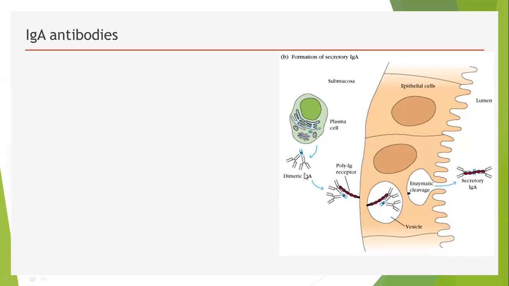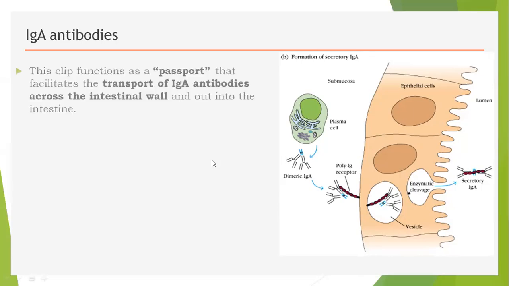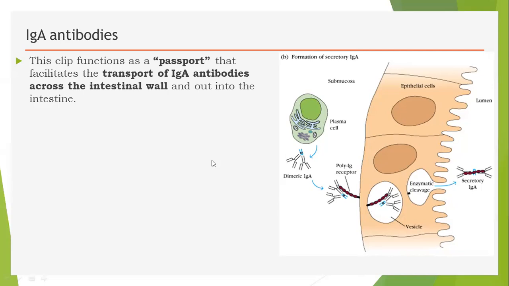It's the only antibody that has this unique ability, and that highly relates to its function. The J chain, or clip mechanism, is more of a passport, so to say, for it to easily maneuver through the mucosal lining after it's produced from the specialized cell.